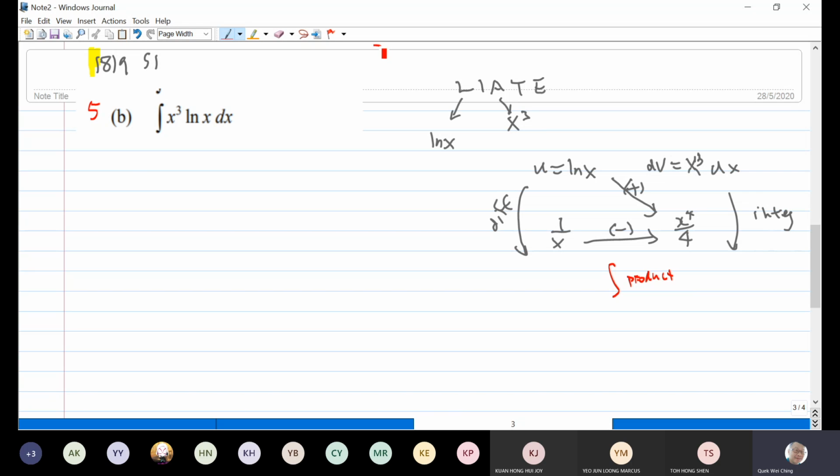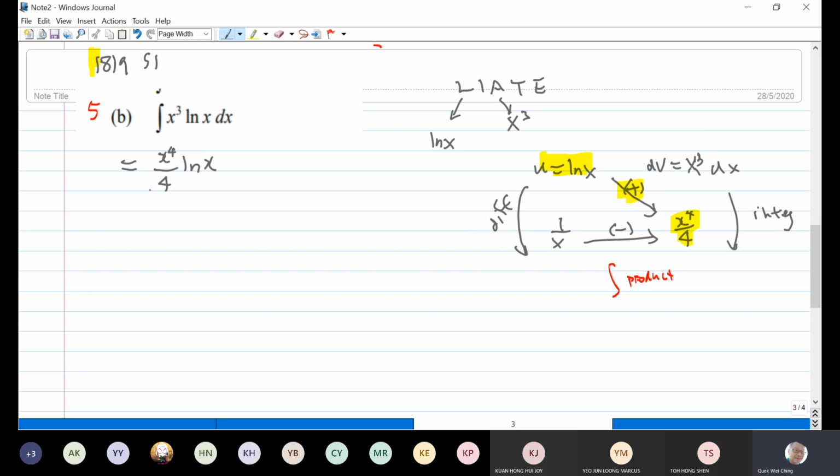Okay, let's start. Is equal to. So you have this one to get a plus sign, to get an x to the 4 over 4, right? These three terms multiplied together, together with the minus sign in the arrow. So what you get, the first term is actually x power 4 over 4 ln x. This is the first term.